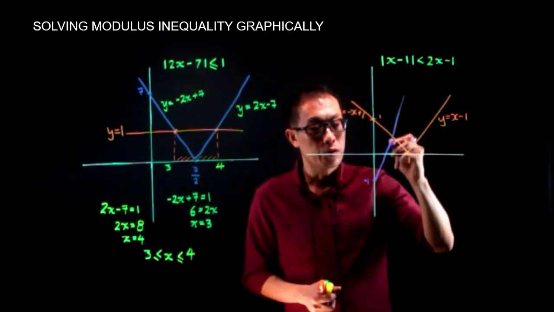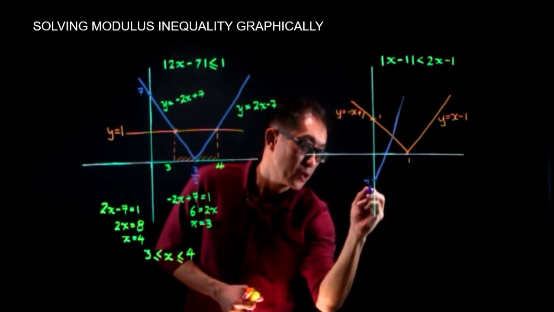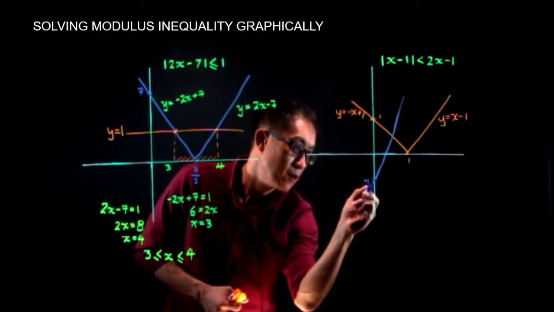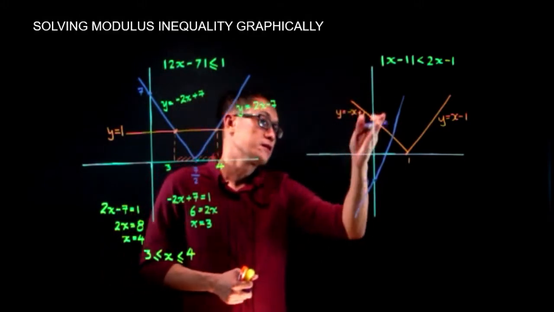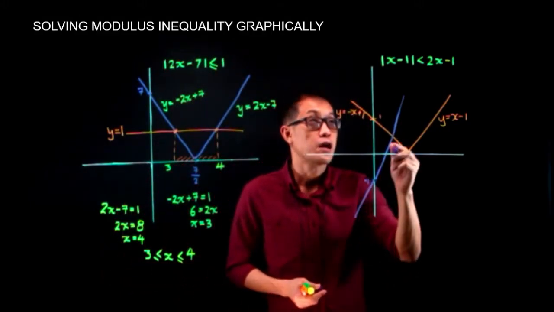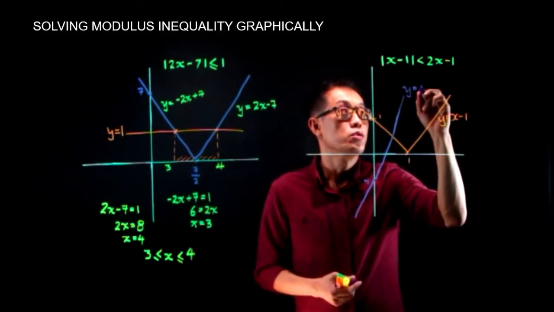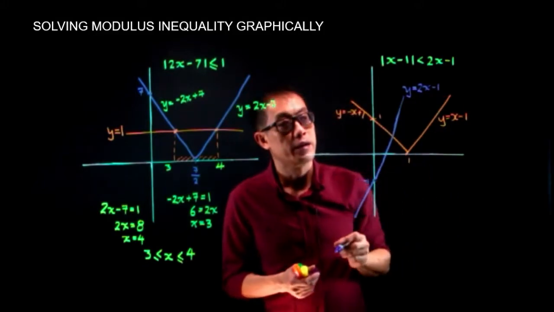Now, this is not a modulus graph, so this line will be a straight line. So this graph is y is equal to 2x minus 1.